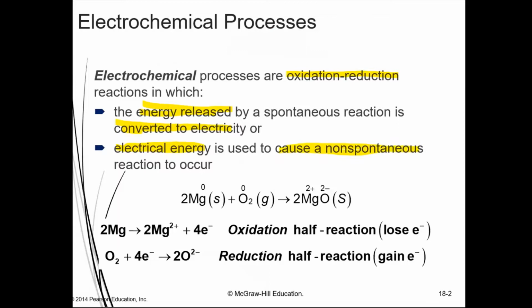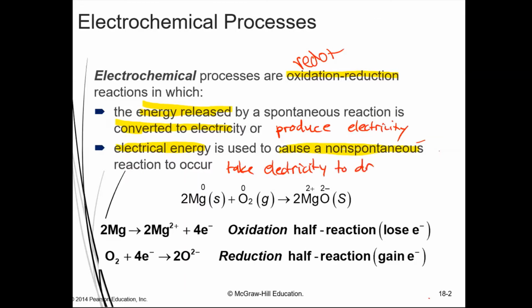So when you think about this, an oxidation-reduction reaction, you might have heard of it as being called a redox reaction. There's two things. It's either going to produce electricity when it goes through the process, or it's going to take electricity to drive that process forward.